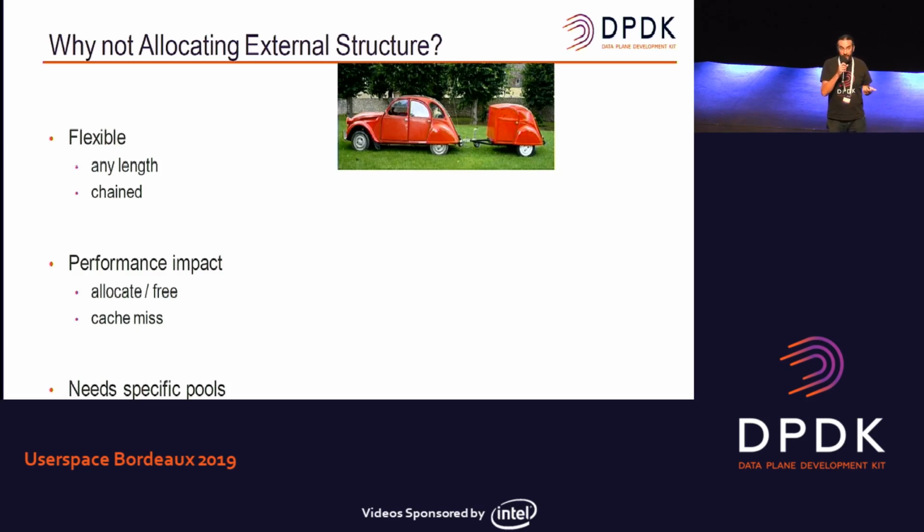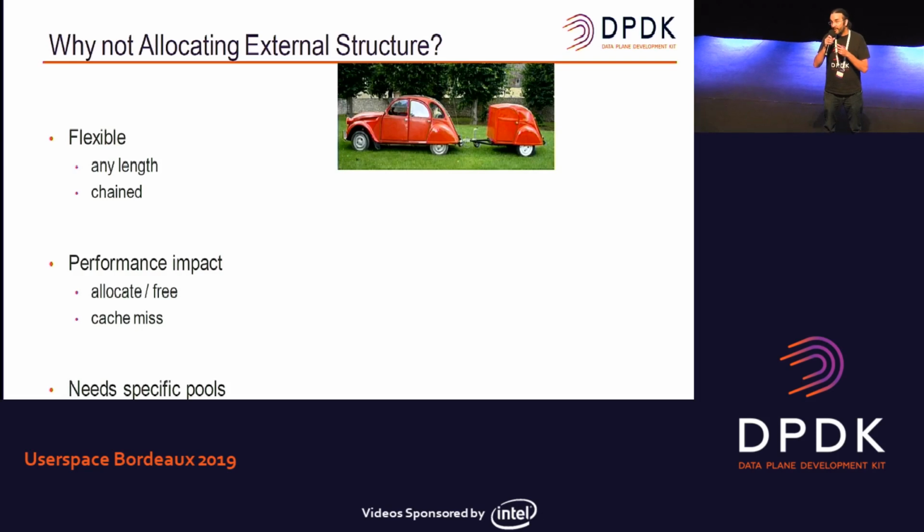You maybe need to have them per NUMA node, or you can reuse mbuf pools, but in this case it will be a very big object for maybe small data. You have a problem of dimensioning, and all these problems will have to be managed at application level, and so it will add complexity. So maybe it's not a satisfying solution for DPDK.